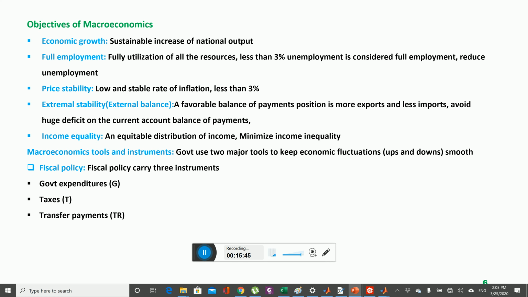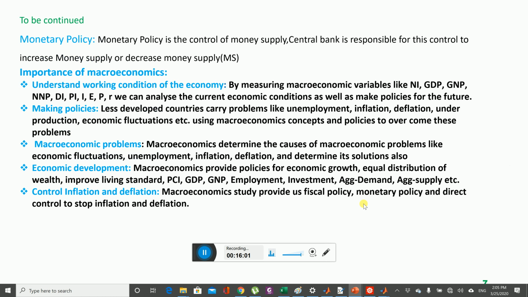The government spends this on the public, the money goes into the hands of the public, their income level increases, their demand increases, their consumption increases, employment will increase, and the economy will jump from one lower level to the other upper level. So this is the first tool or power that the government uses to stimulate economic growth.